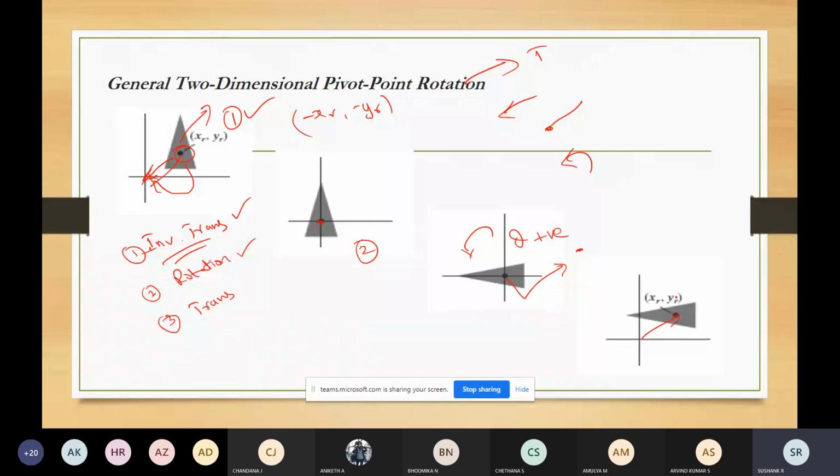This is the sequence of operations being involved. I can take the first one as the inverse translation. After that, the inverse translation should be multiplied with the rotation, then again the translation. So these are the operations involved: inverse translation, rotation, then translation.